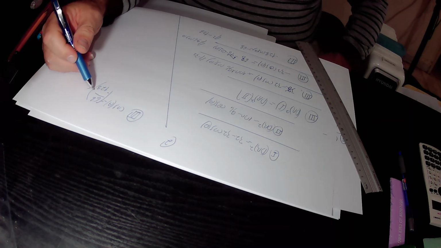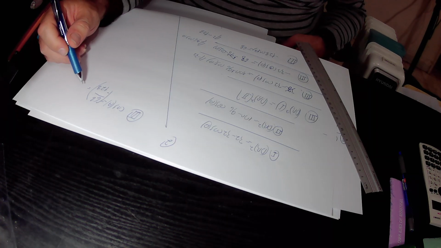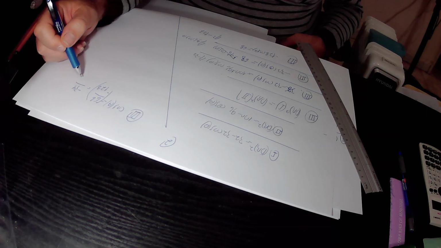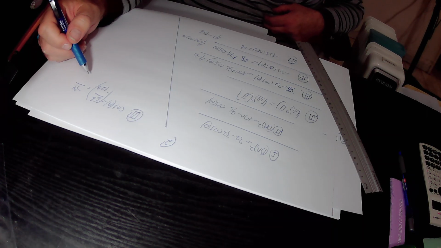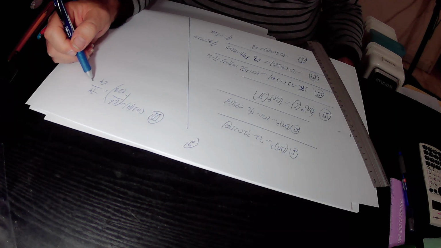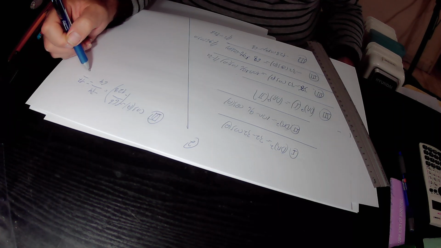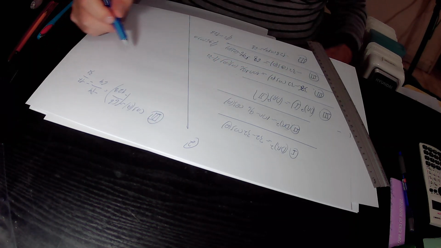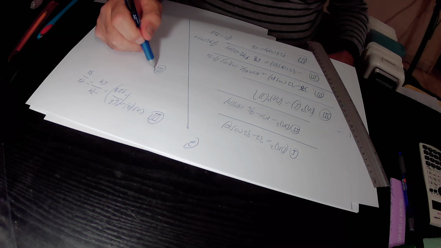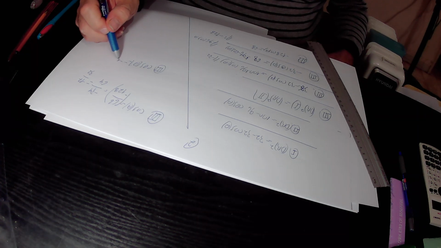So here we divide both the numerator and the denominator of this number by 2. 68 over 2 is 34, and 128 over 2 is 64. So here we divide both the numerator and the denominator of this number by 2. Minus 34 over 2 is minus 17, and 64 over 2 is 32. So in total we actually found that according to equation 3, cosine theta equals minus 17 over 32.